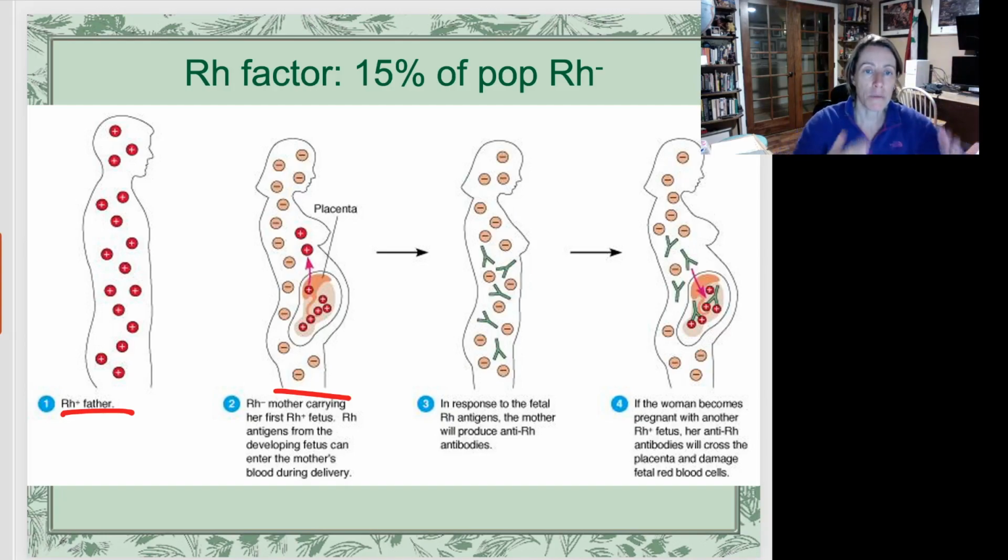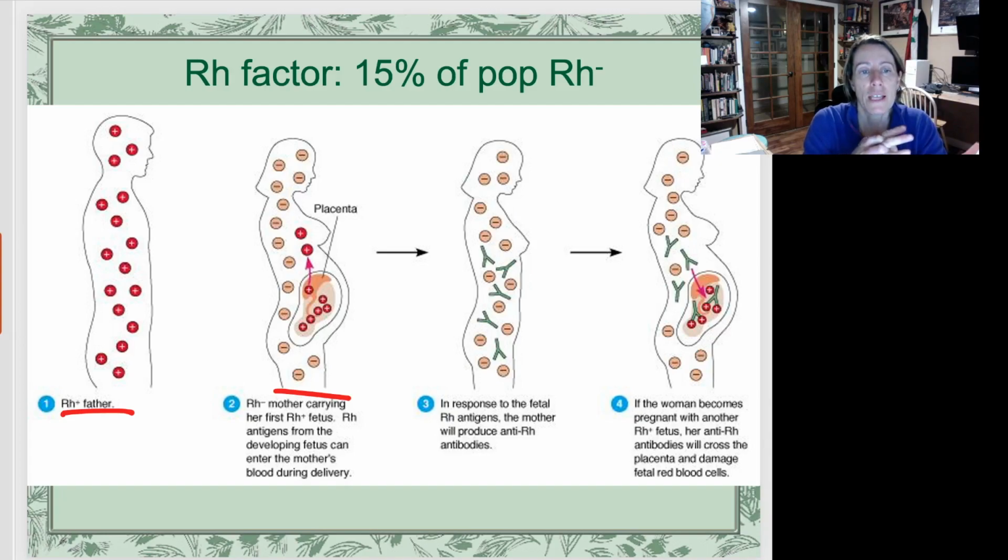Nutrients, oxygen, and food pass from the mother's bloodstream into the baby's bloodstream, but the mother's blood cells do not pass into the baby. The vessels go side by side and things move across, but the blood itself does not mix.